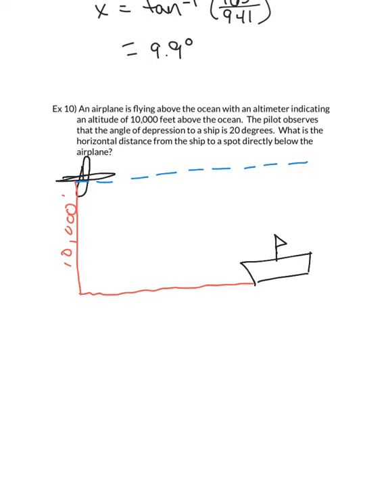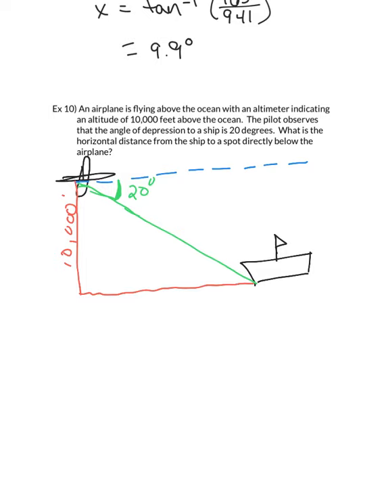So our angle of depression is going this way to the ship. That means that the angle we are talking about from the horizontal is out here. That's the angle measure that they have told us. And that angle measure is 20 degrees.